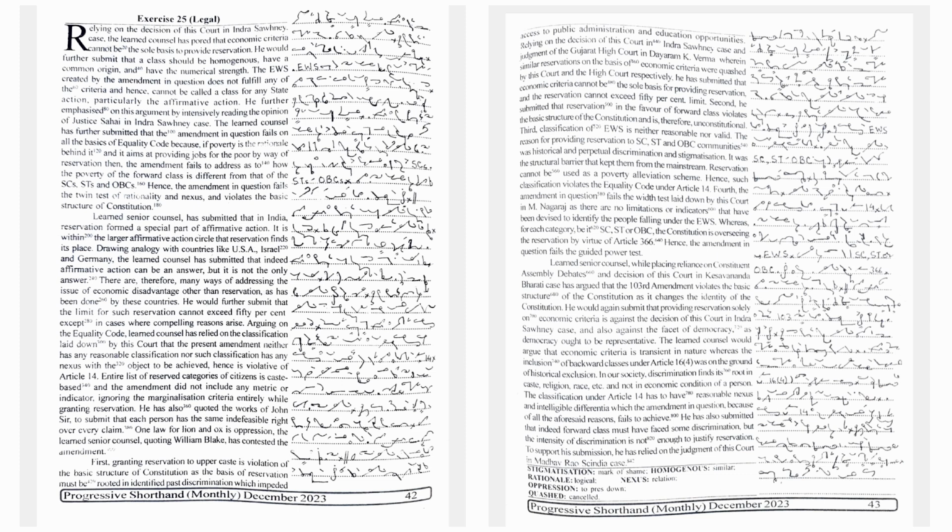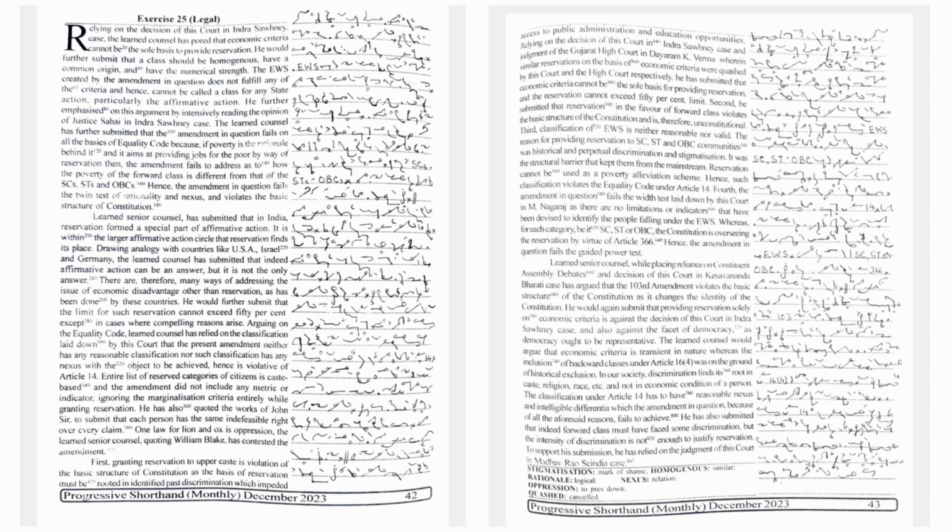He would again submit that providing reservation solely on economic criteria is against the decision of this court in Indra Sawhney case and also against the facet of democracy, as democracy ought to be representative.